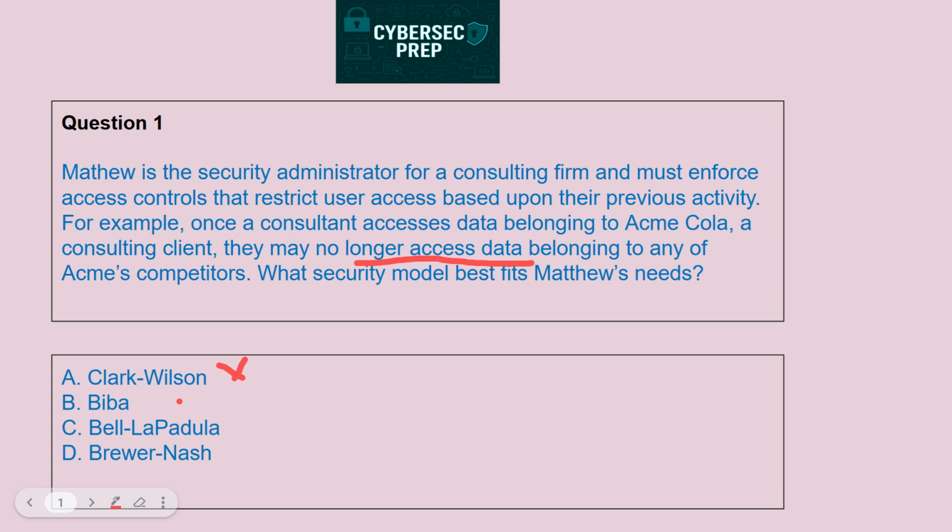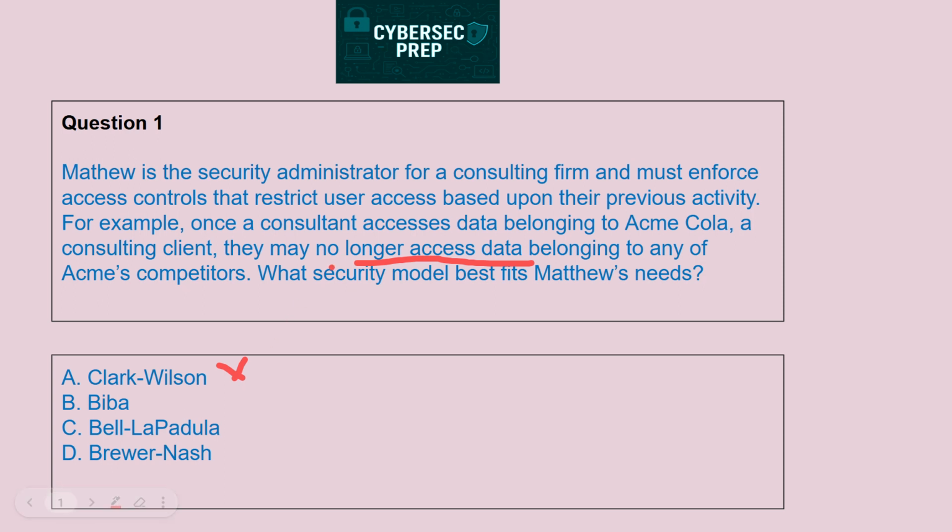Now let's move on to the Biba model. The Biba model again focuses on the integrity part, right? So it prevents unauthorized modification to the data. It has a concept which is called no read down, no write up. So basically what it means is that whatever level you are at, you cannot read below your hierarchy, and you cannot write above your level, which is very helpful where there are financial records, healthcare systems, right, where you have to prevent unauthorized modification of the records.